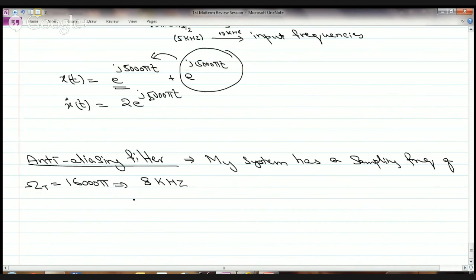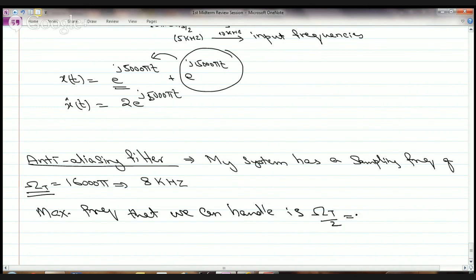Now, if you have a sampling frequency of 16,000 pi radians per second, then the maximum frequency that we can handle is 1/2 of the sampling frequency.